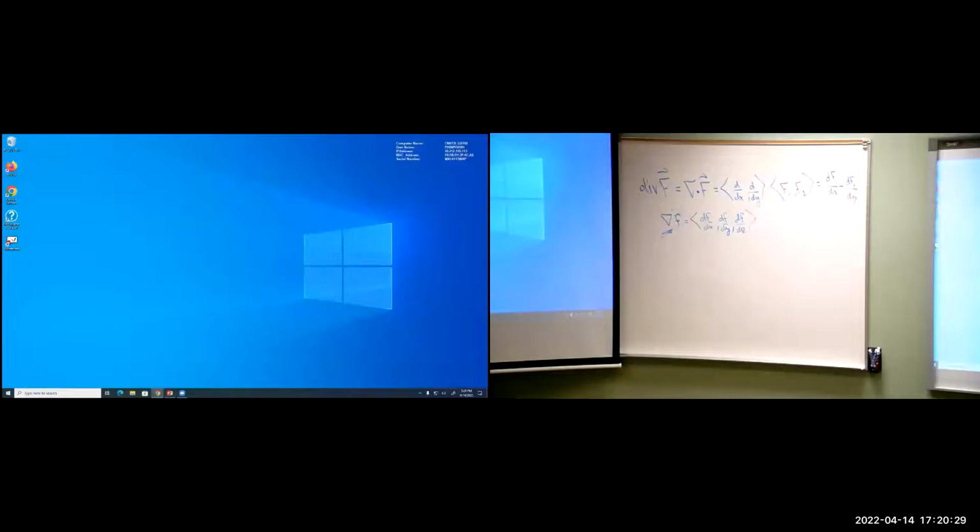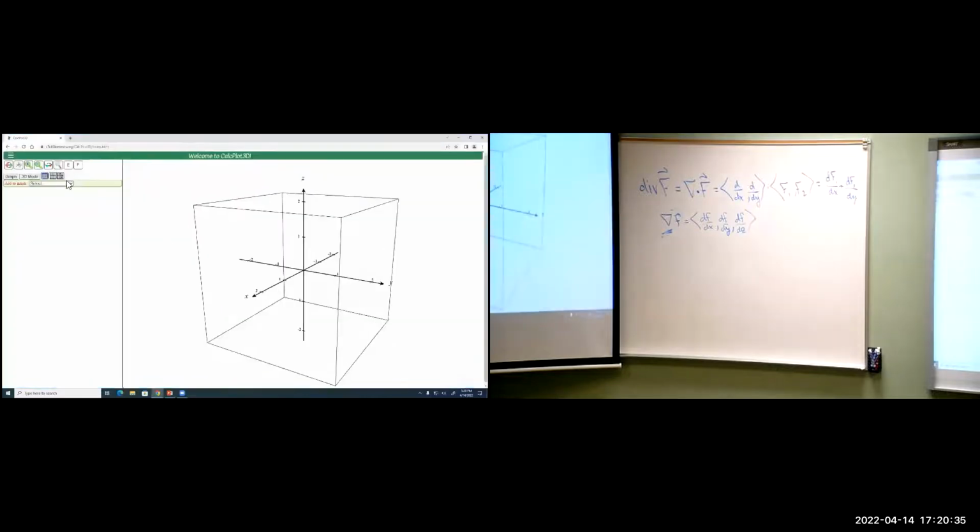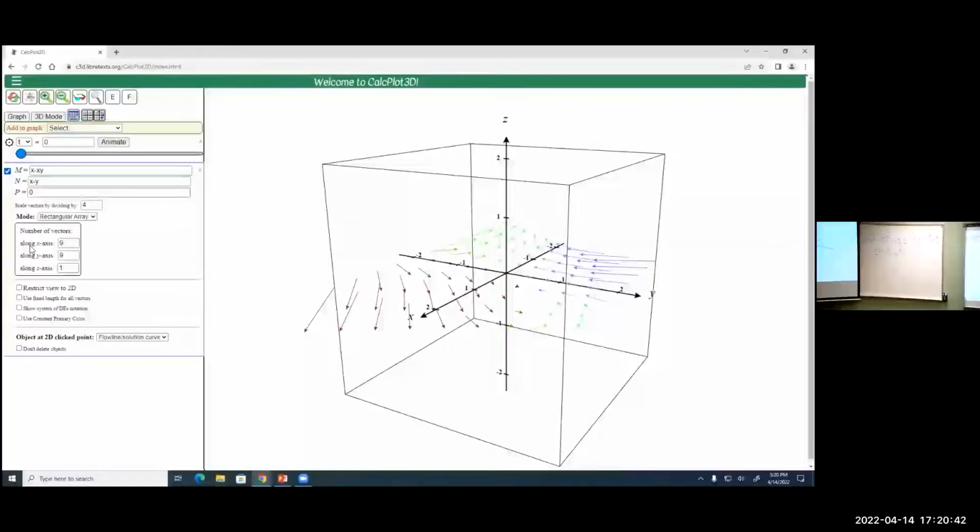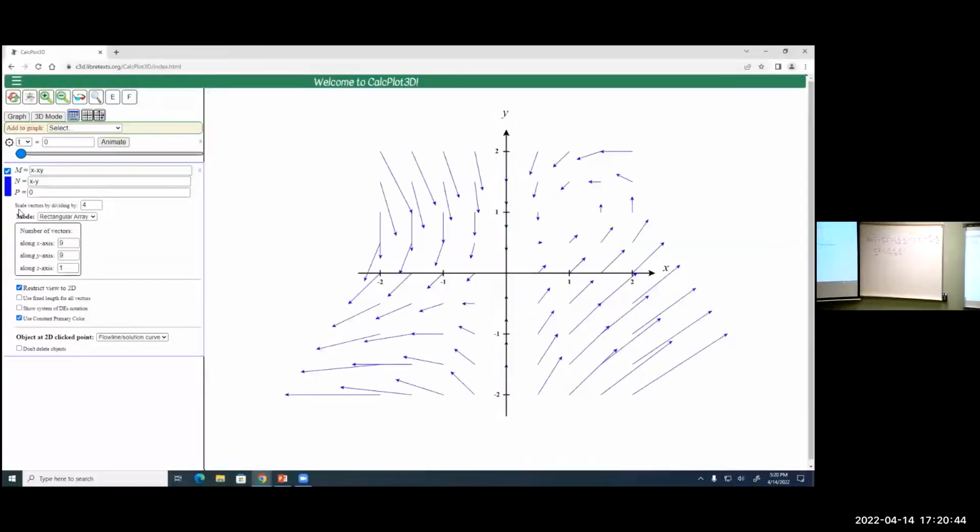This is something you guys can play around with: CalcPlot3D. Let's bring up a vector field. I'm just going to use the one they have in there. It's only a 2D vector field, so let's restrict it to 2D. Now we saw we could do a flow line solution curve.